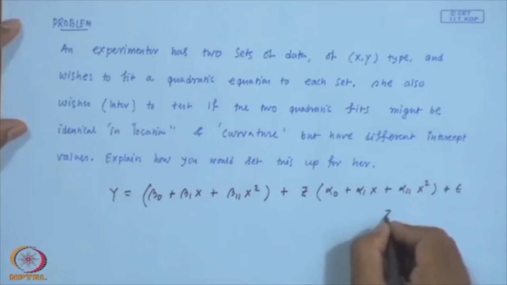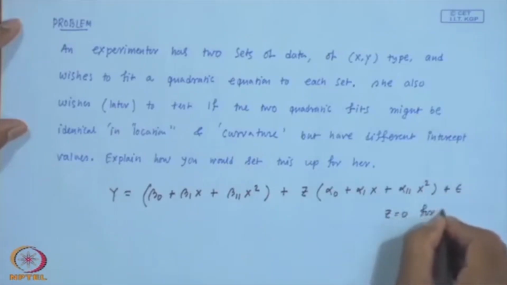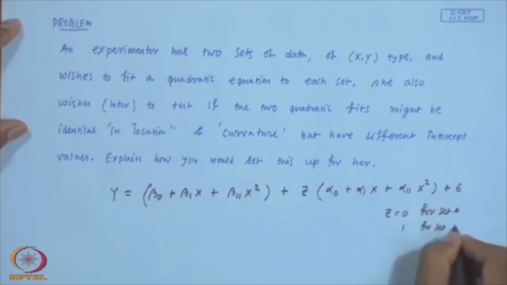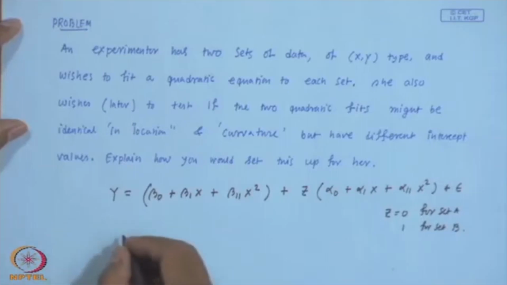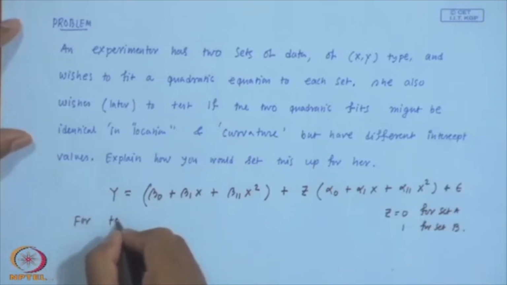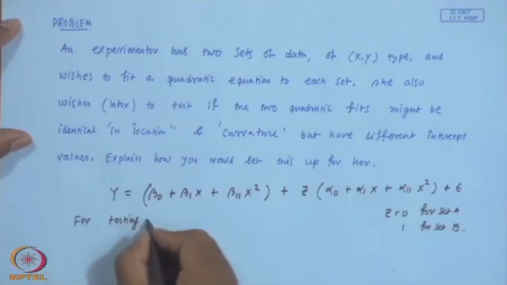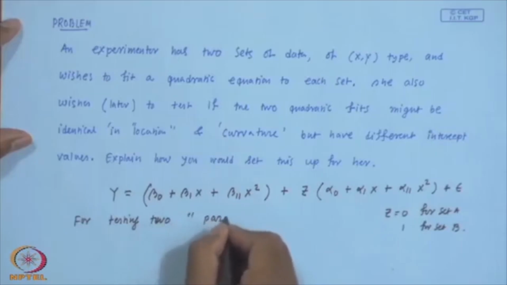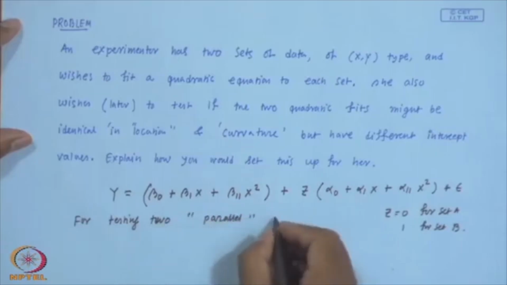So, of course, you know that z equal to 0 for set A and 1 for set B. Now, she wants to check whether she can go for two parallel quadratic fits, for testing two parallel quadratics.